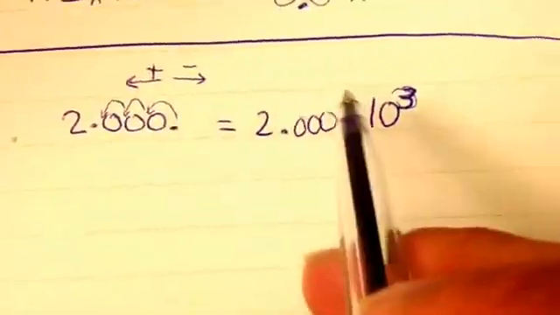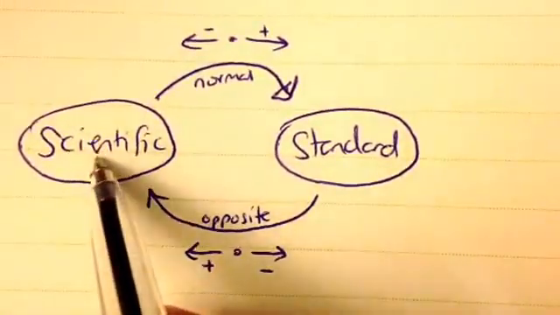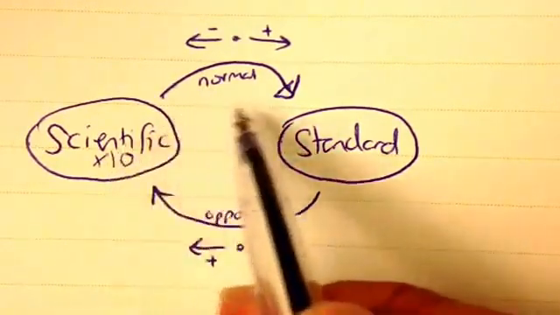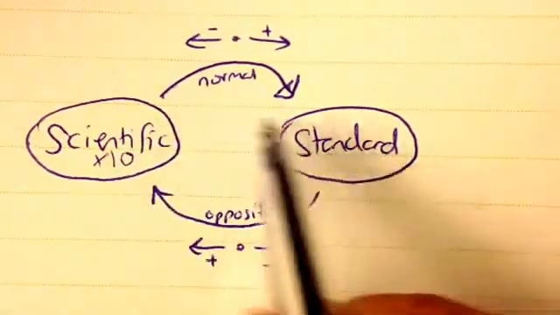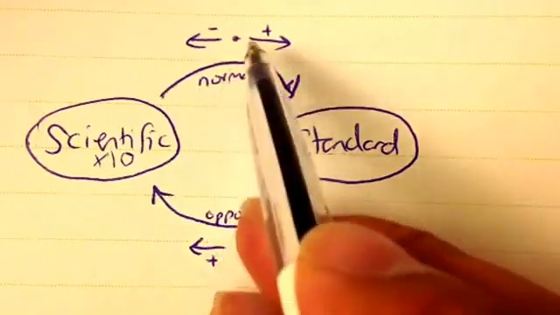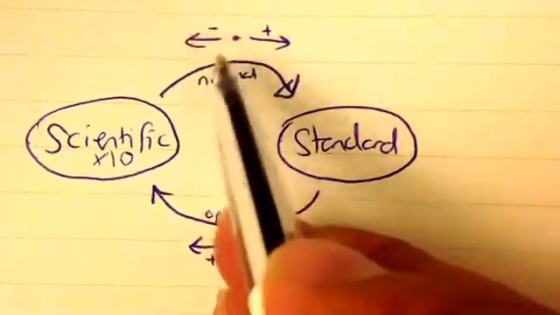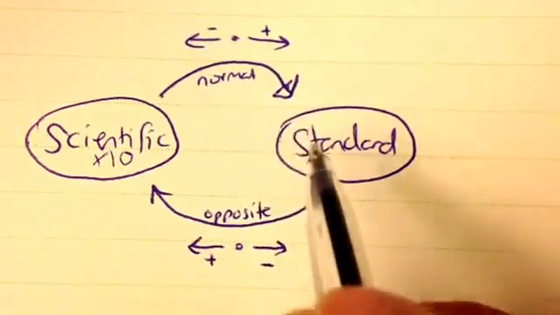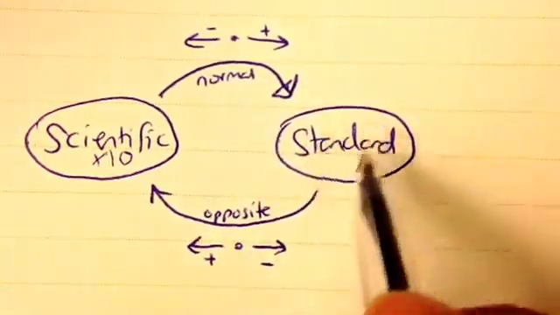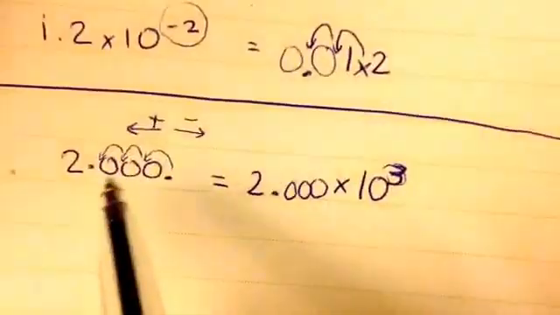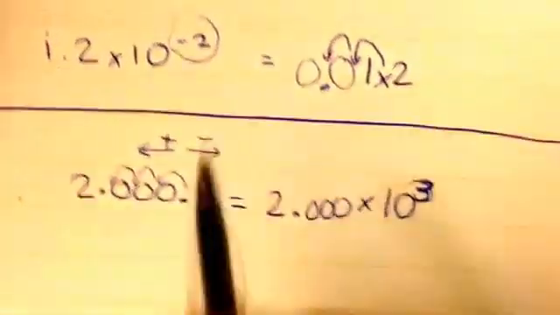If you find it difficult to remember which way is which, have a look here. From scientific numbers, the ones with the times 10, if you want to turn them into a normal standard number, you will do normal, which means when you move the dot, it goes plus to the right, negative to the left. It will be normal. However, when you want to turn a standard number into a scientific number, like what we're doing here, we do the opposite.